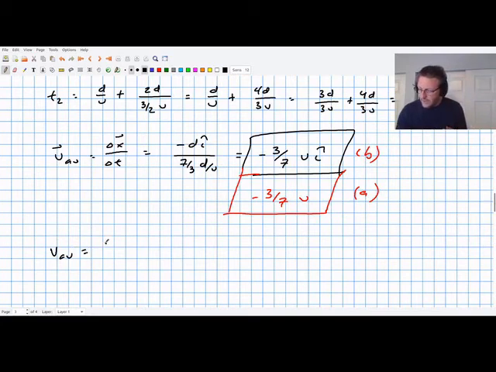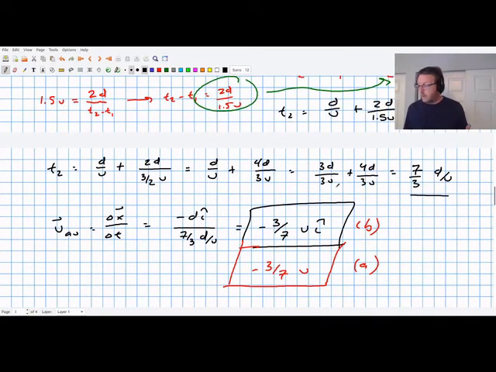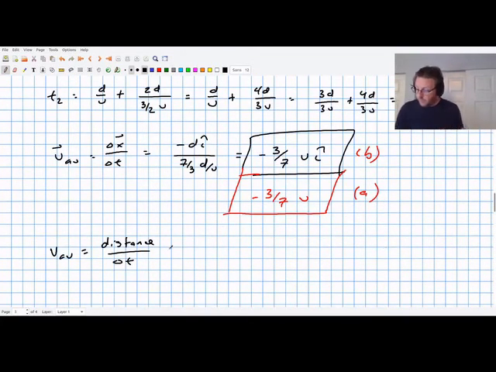And the way you calculate that is you ask, what was the distance traveled and how much time did it take? Well, I already know how much time it took. It was 7/3 d over v, which is hidden by my face in this picture right now. Right there. 7/3 d over v is how much time it took. And the distance is 3 times d, because they went the wrong direction by a distance d.